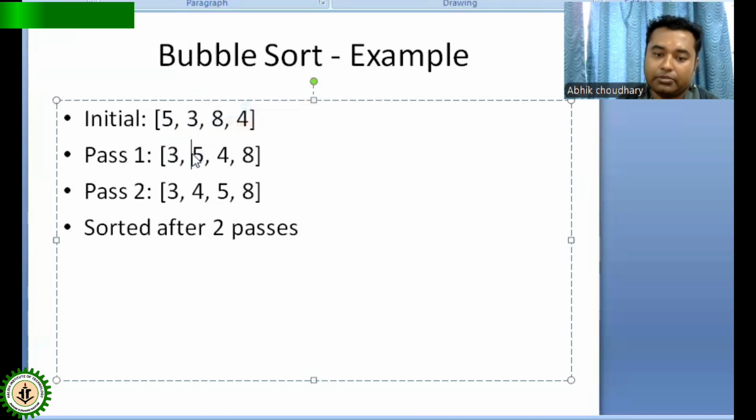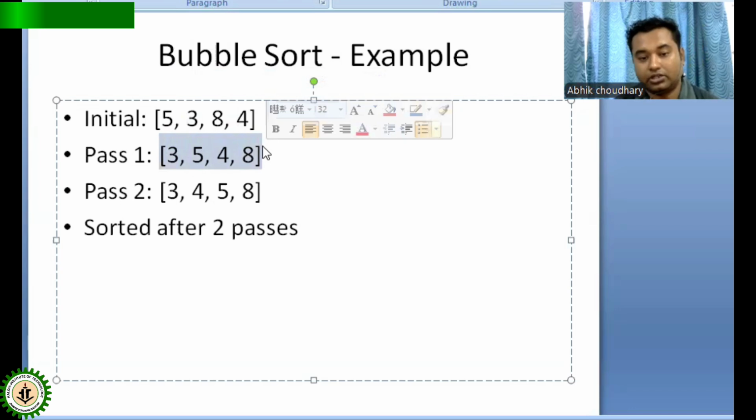Again 5 and 8. If they are in the wrong position, swap again, but it is in the right position, so no swapping will be done here. Next, 8 and 4. They are in the wrong position, so it will swap. Then after pass 1, the array will be 3, 5, 4, 8.